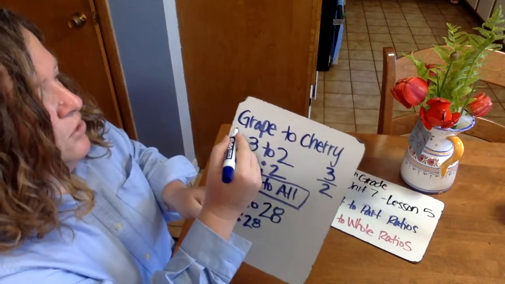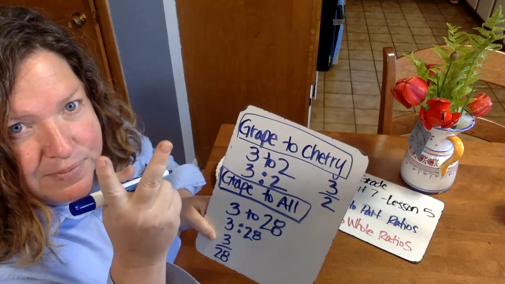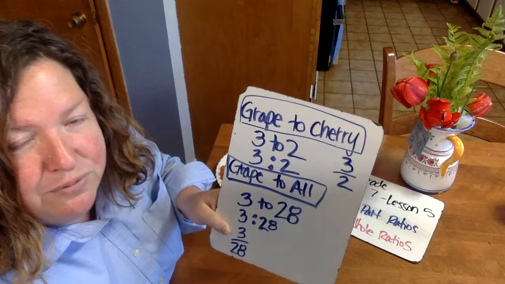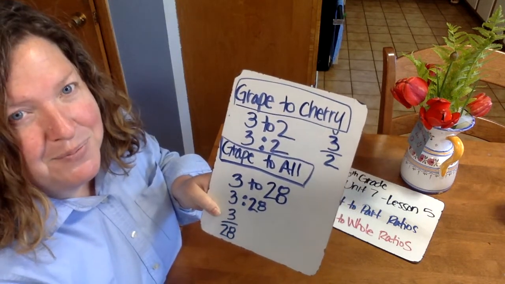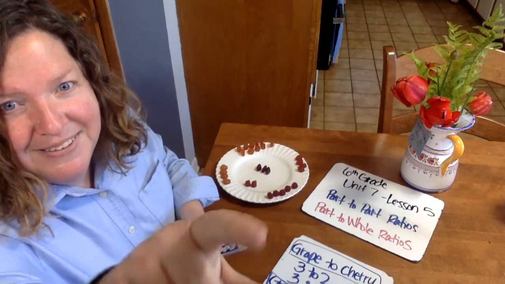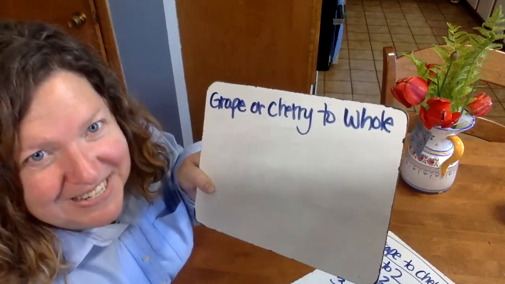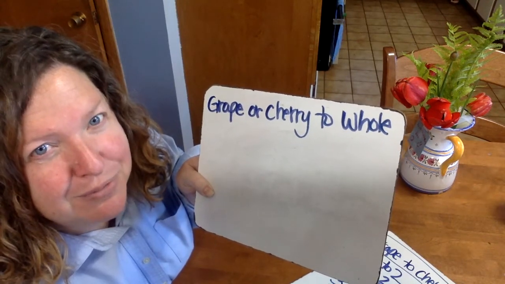Remember I said that grape and cherry are my 2 favorites? Oftentimes we want to know what the 2 favorites are compared to the whole. So let's see what that could look like. All right, now this is a tricky one, and this kind of question shows up on those hard tests we have to take on the computer from time to time.